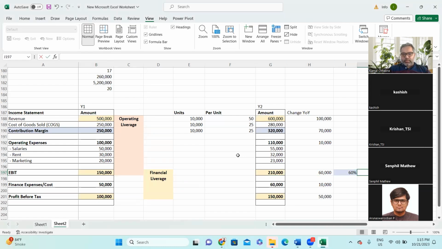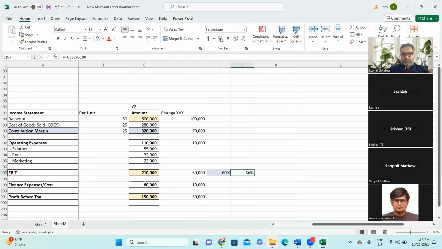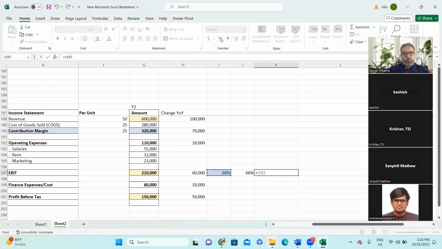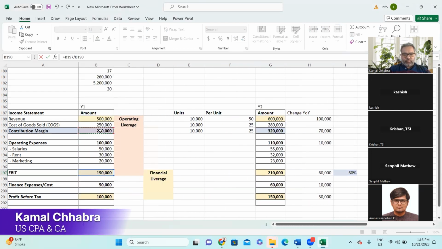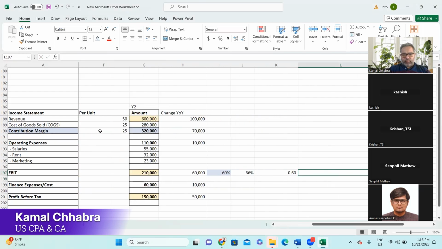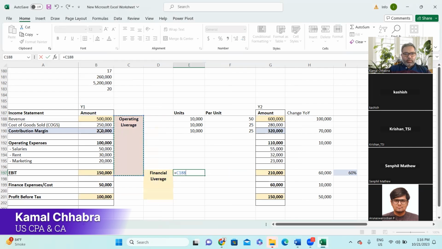So this will be the formula: EBITDA divided by contribution margin.